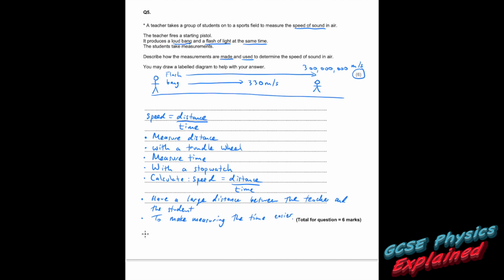If in doubt, you could just say get them to repeat the readings and take an average. Or as I've already said, start the stopwatch when you see the flash and stop the stopwatch when you hear the bang.